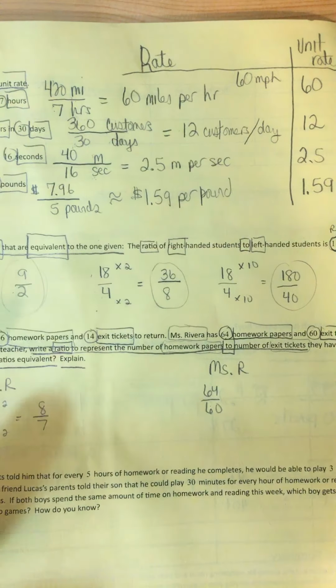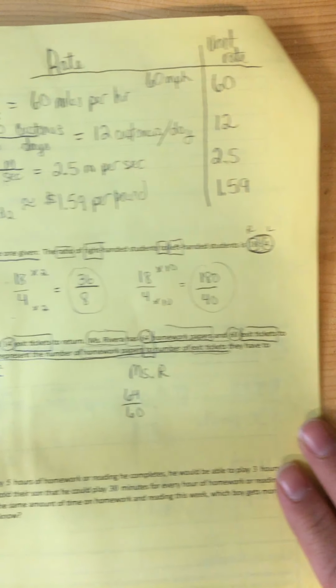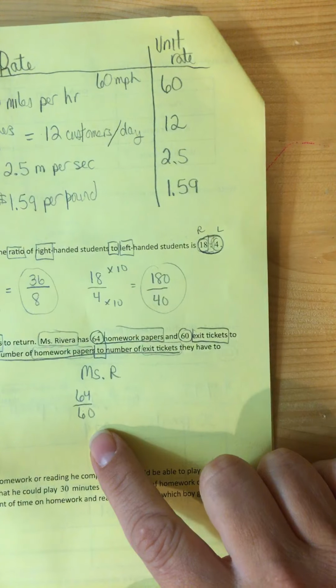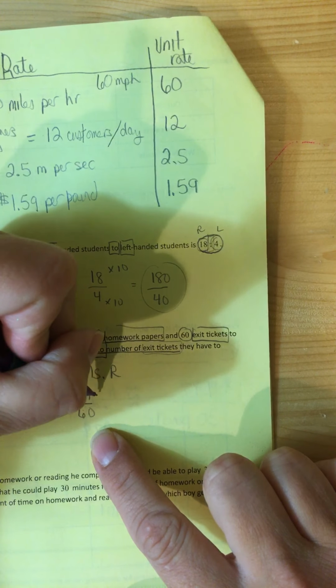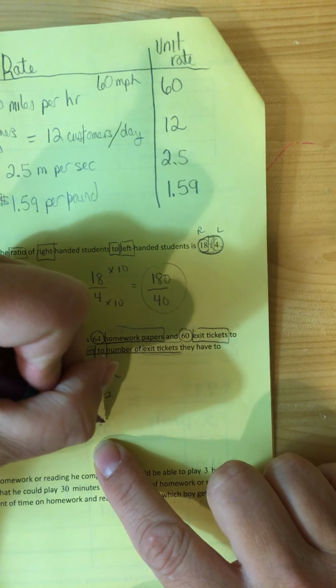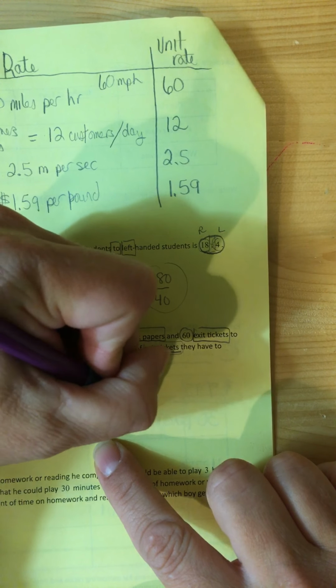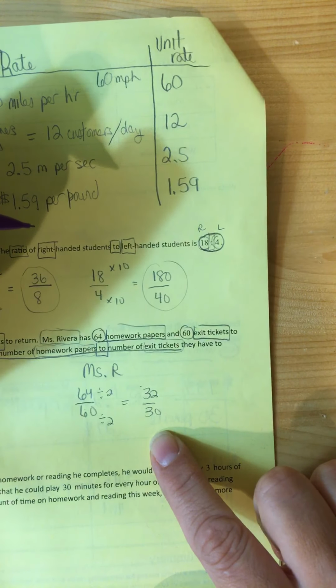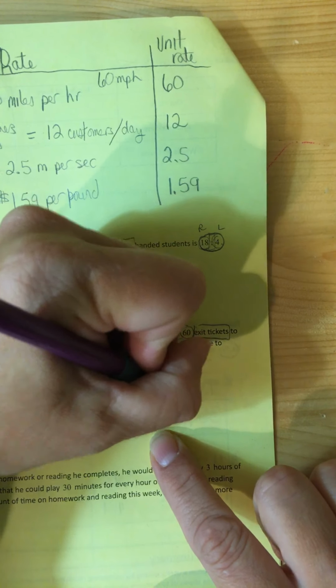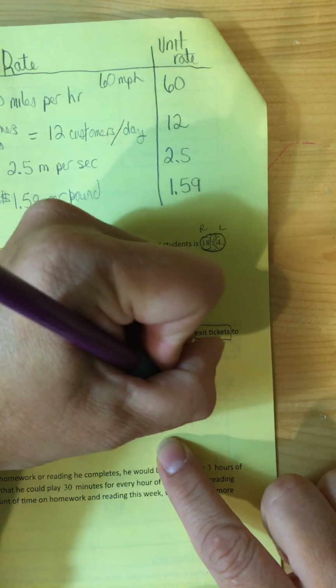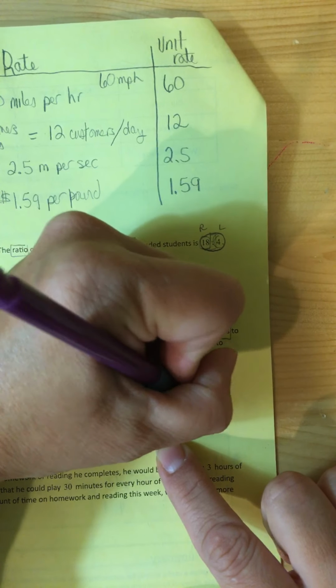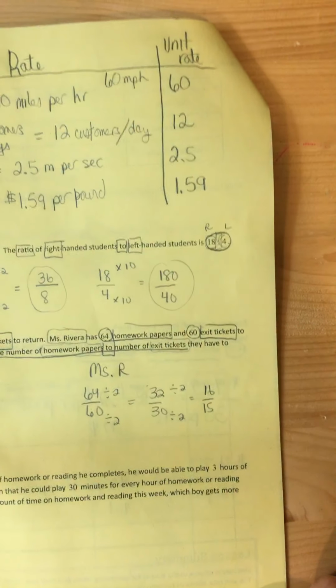And then if I come over here and I simplify this one, let's see, they both are divisible by 2, so I'll use that first. That gives me 32 to 30. Well, that's not simplified all the way. I could still divide by 2. I probably could have divided by a bigger number. 16 to 15.